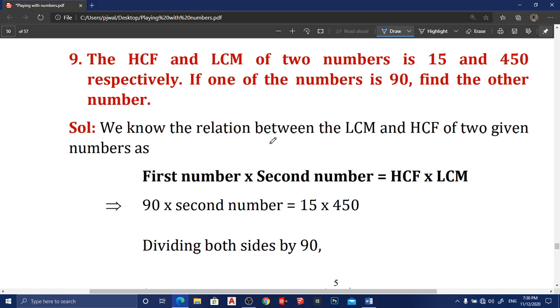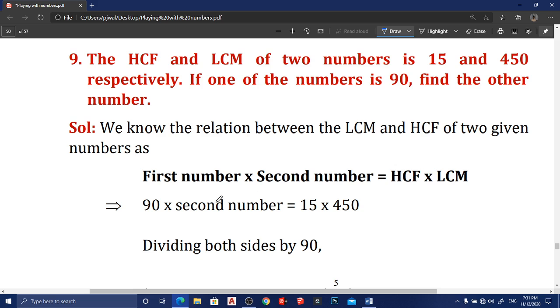We know the relation between the LCM and HCF of two given numbers: first number into second number, if only two numbers are given. This procedure is used only for two numbers. First number into second number is equal to HCF into LCM, the HCF of the two numbers and the LCM of these two numbers.